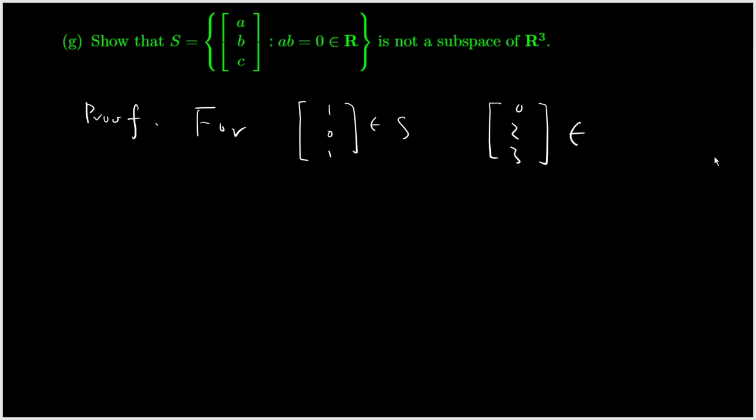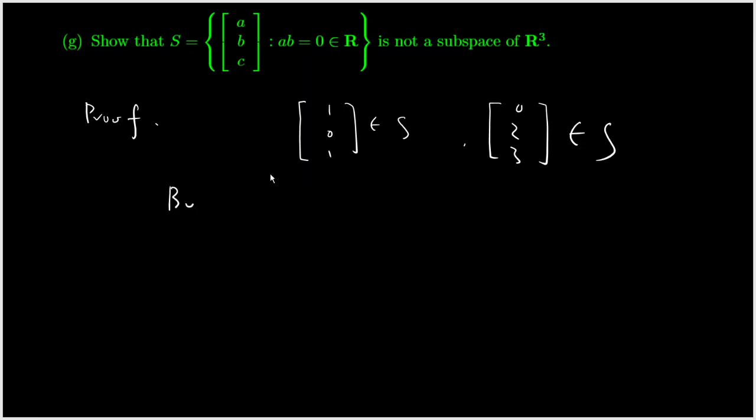That's also a vector in S, right? As long as one of the first two components is equal to 0, that's a vector in S. I just told you that. These are two vectors in S.